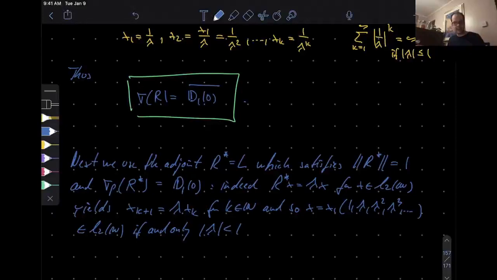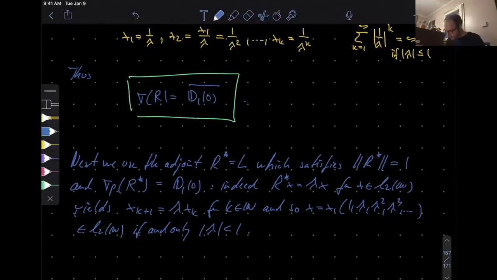If you look at the L2 norm of this eigenvector x there, that's precisely going to be the geometric series. And that thing converges if and only if lambda in complex modulus is less than 1, right? And so this precisely tells you that the point spectrum of the left shift, aka of the adjoint of the right shift, is the open unit disk.